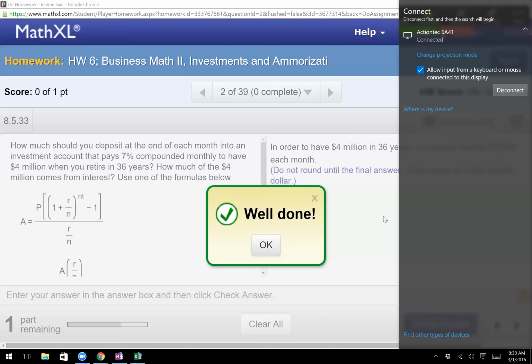Let's do one more and then we'll call it good. So we're going to have $120,000 in 16 years. PPMT. My rate is 0.0525 and it is monthly, so I'm going to divide it by 12.